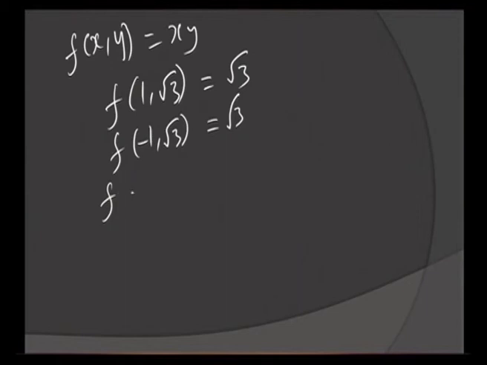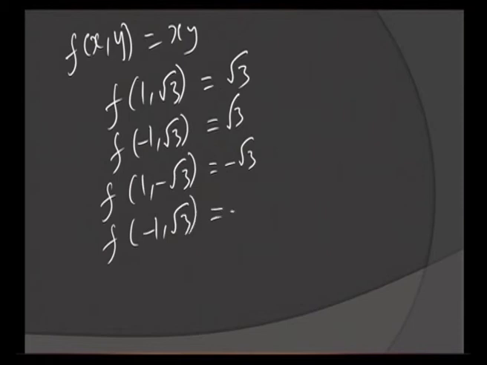Then f of 1 comma minus root 3 is minus root 3, and f of minus 1 comma root 3 is also minus root 3.